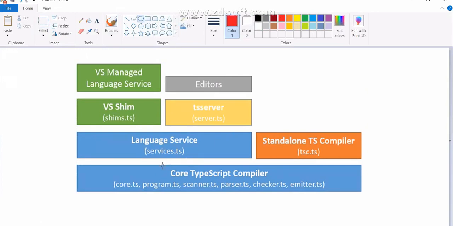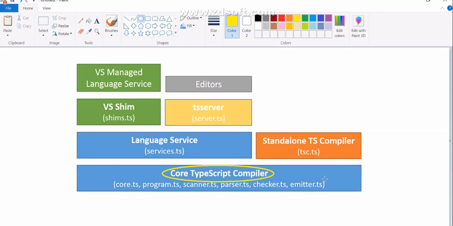This TypeScript core compiler is responsible for identifying the issues in the code that you have written. That means it verifies the keywords, it verifies the syntaxes for every function.